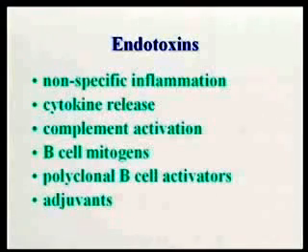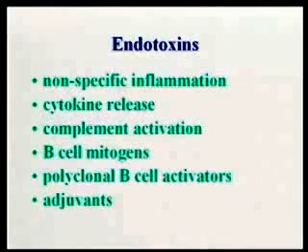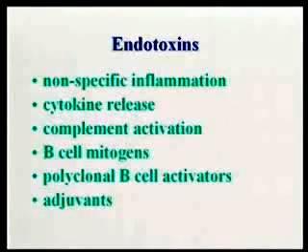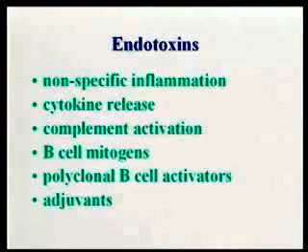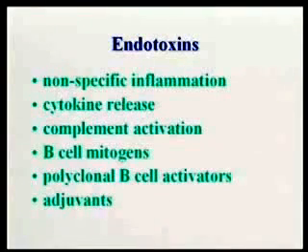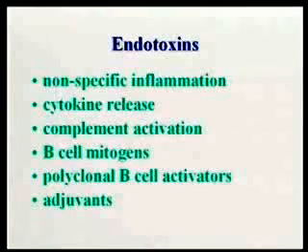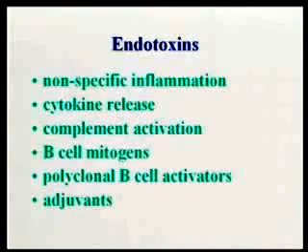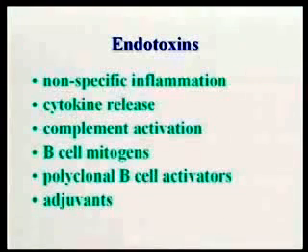These various processes presumably are designed for the host to deal with the gram-negative infection. And here's an example of the host being an innocent bystander, where there'll be non-specific inflammation, cytokine release, complement activation, and you name it. These things have horrible effects. That's presumably why we've developed these responses to gram-negative bacteria. It's not, as I say again, that the bacteria are particularly suicidal.